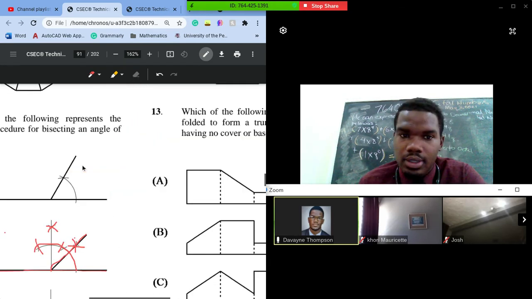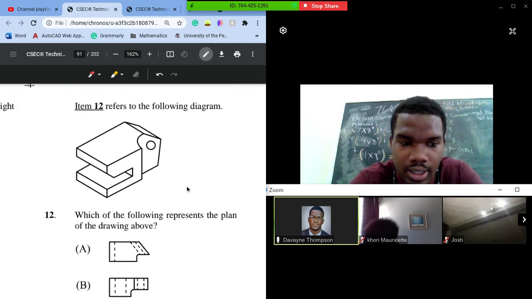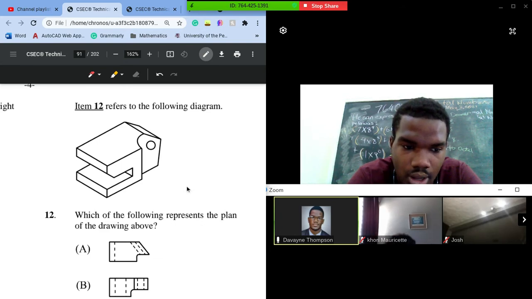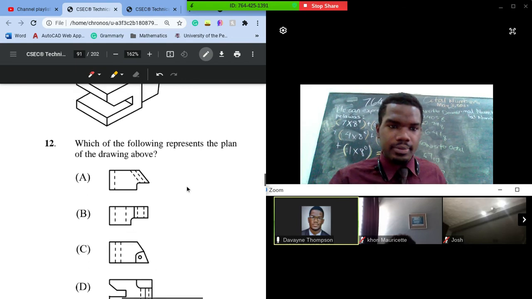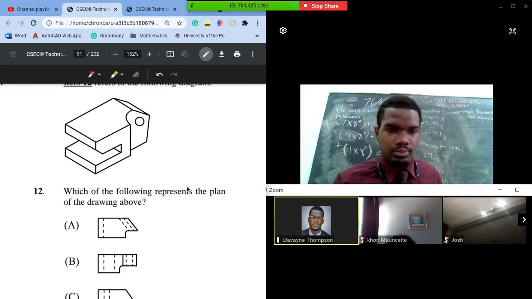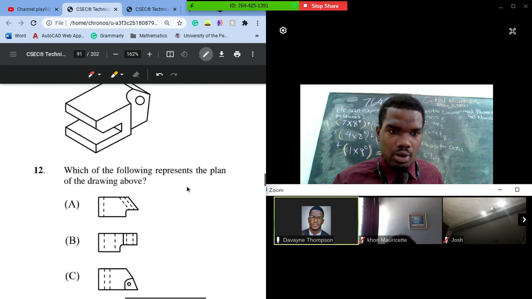Now 12 shows a little mechanical part, and it says, which of the following represents the plan view of the drawing? This one goes to Corey. I'll show you the drawing again. What represents the plan view now?